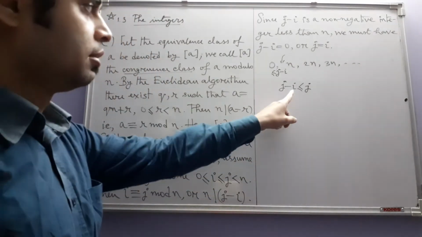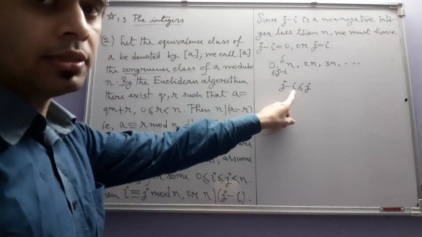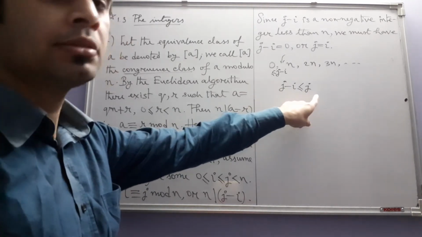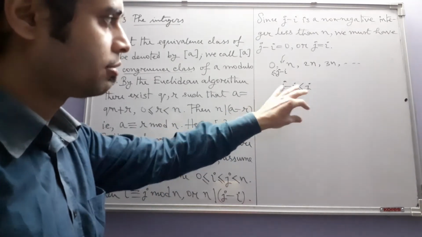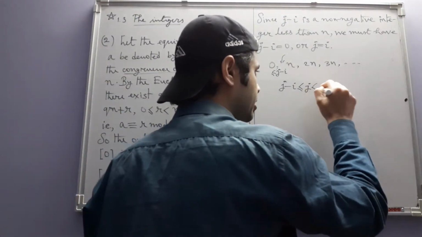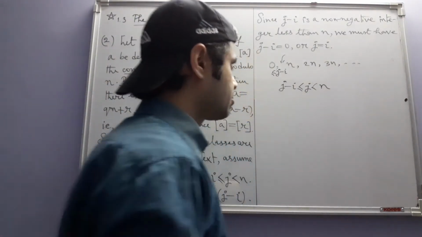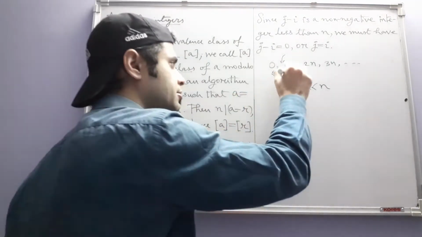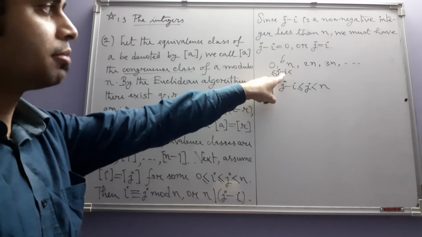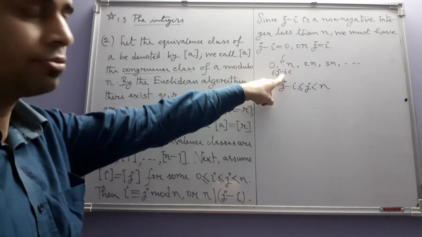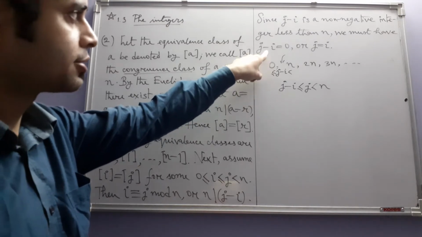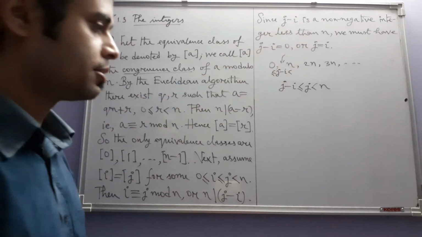Why? That's because i is non-negative. The maximum value of j minus i is j when i is 0. Otherwise, it's strictly less than j. And in any case, j is less than n. So j minus i is always strictly less than n. So the only possibility for j minus i to be a multiple of n is for it to become equal to 0. That's why we have this. So j is equal to i.